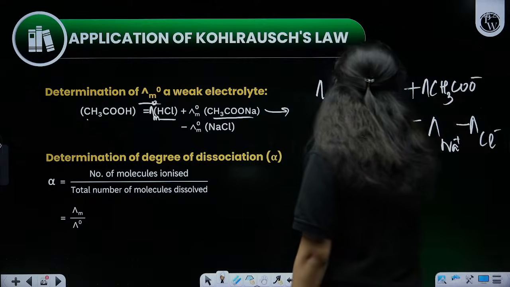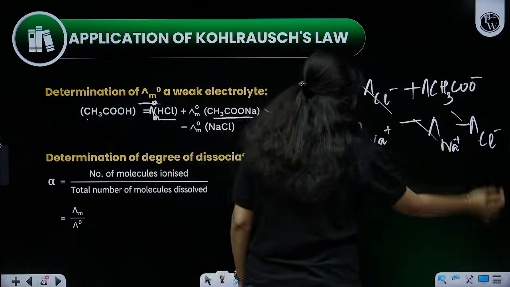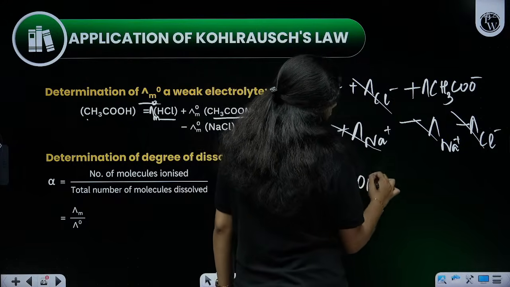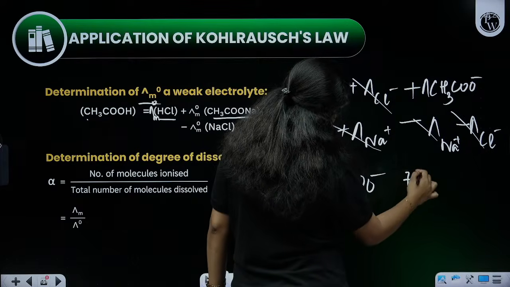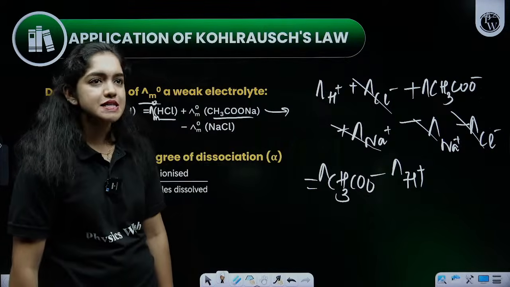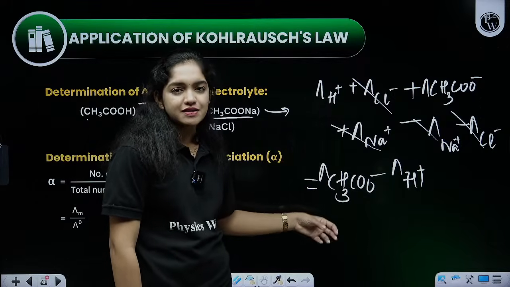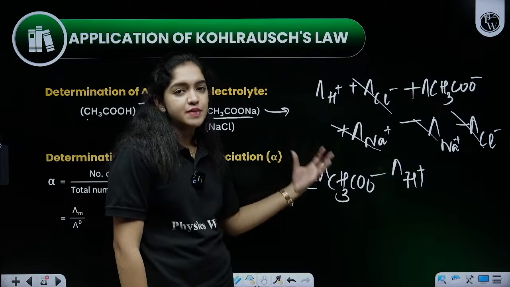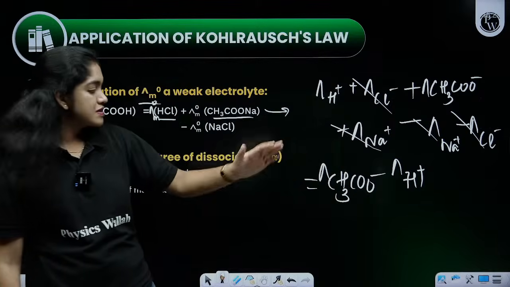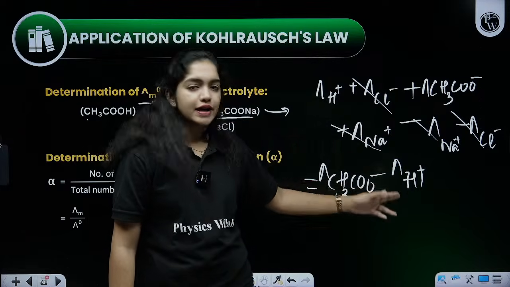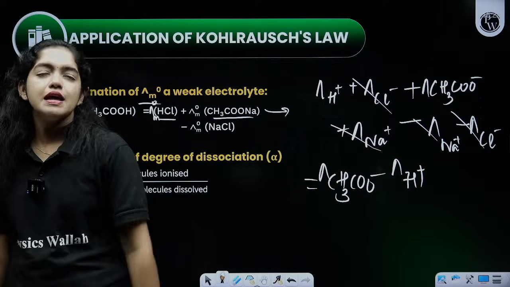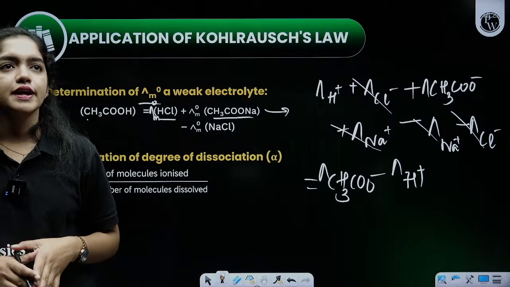So we can cancel Na plus and Cl minus. What is remaining? CH3COO minus and H plus, which together make CH3COOH. So this is the method to calculate the limiting molar conductivity using Kohlrausch's law of independent migration. The sum of the molar conductivities of the individual ions gives the total limiting molar conductivity, lambda m0. Is that clear? Any doubt?